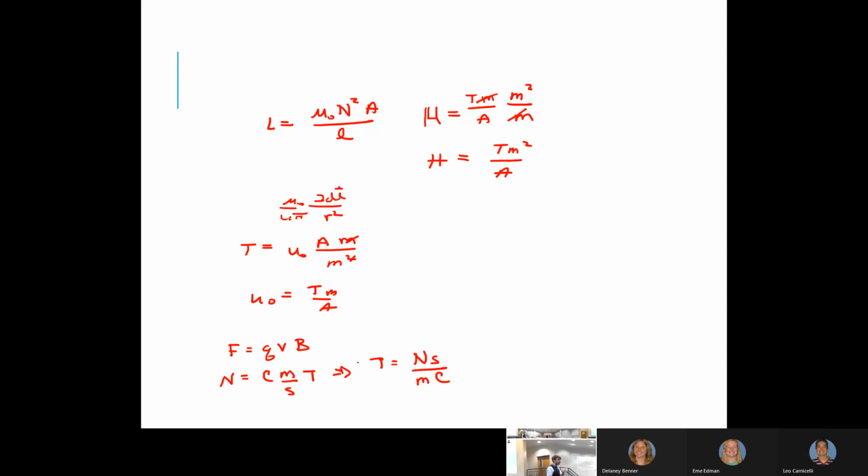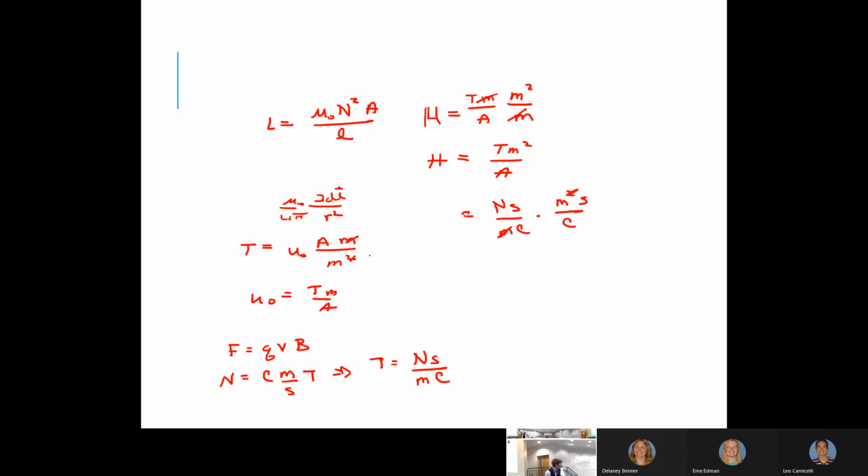Right? So now I've got a Newton second per meter Coulomb times meters squared, and an amp is a Coulomb per second. You'll have to yell at me if I've made a mistake somewhere. I think we're okay. Oh, I get another cancellation. This meter squared cancels that meter. Well, that's nice.